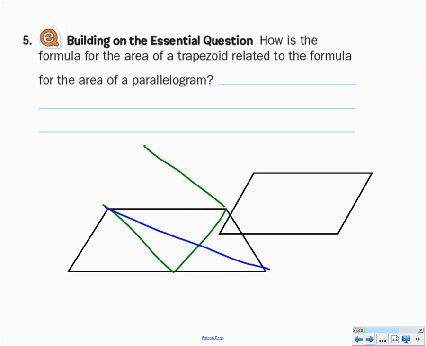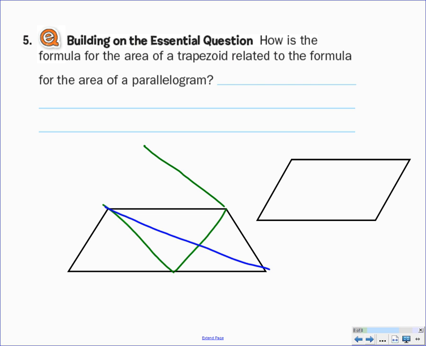In a parallelogram, the bases across from each other are the same, right? In a trapezoid, they're not, right? So in other words, in a parallelogram, you can just do base times height. But in a trapezoid, that doesn't work because you're missing that extra triangle.